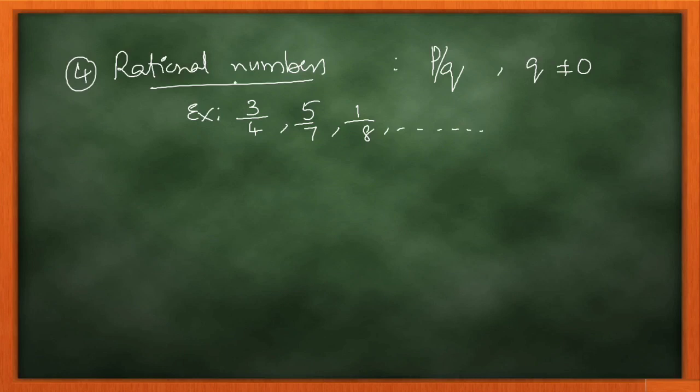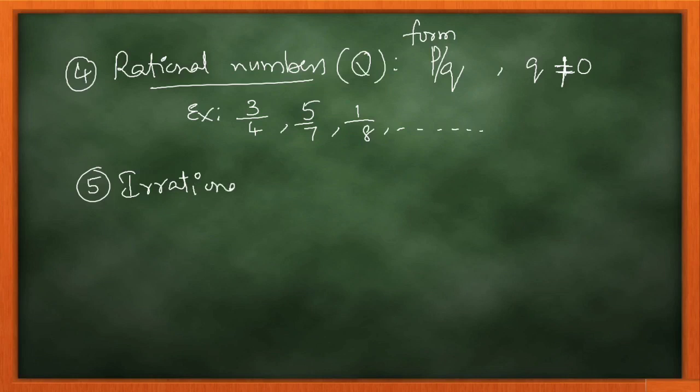This denominator should not be equal to 0, because if q becomes 0 then the answer becomes infinite. Rational numbers are denoted with the letter Q.